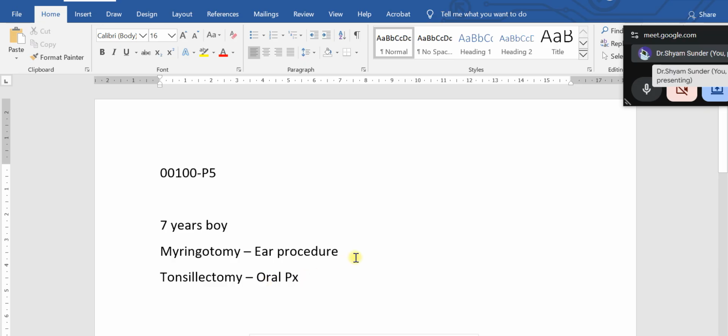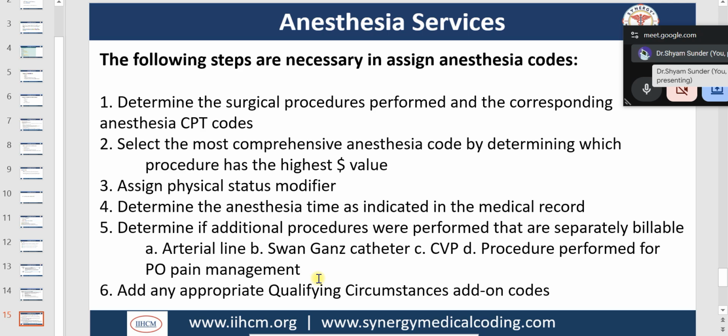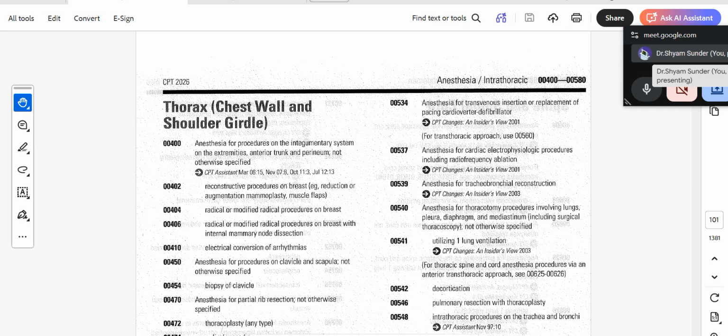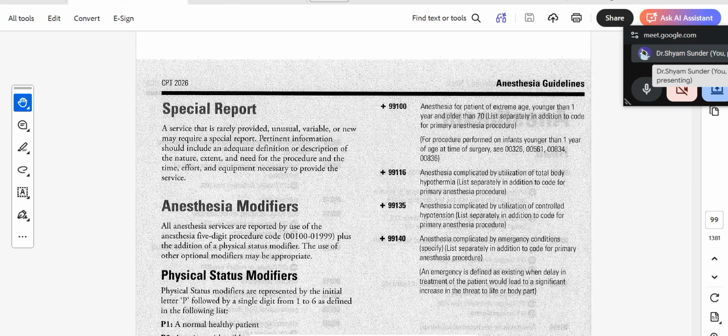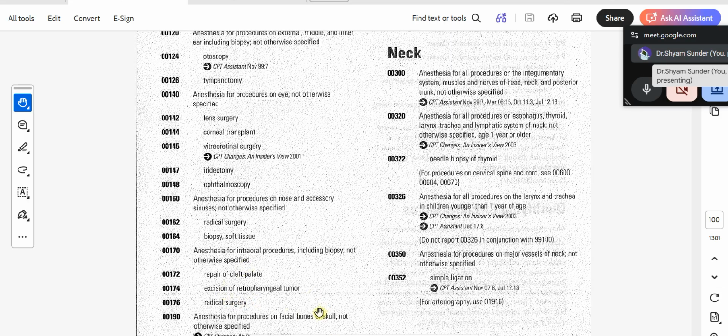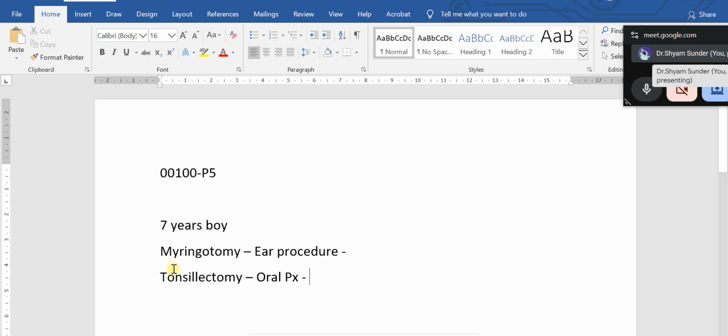Now, the surgeon is doing both separate procedures, and for anesthesia you also have two separate codes. Tonsillectomy, all oral procedures, both in the head region, is 00170.